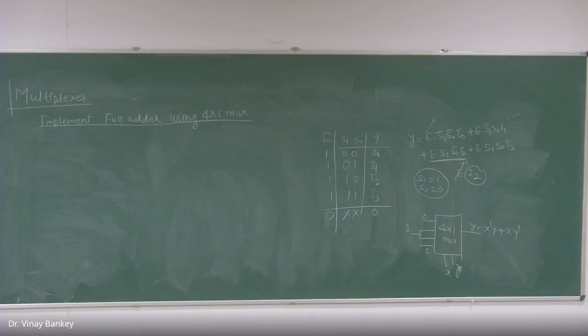As of now, some of you will face some difficulty, because first of all you need two multiplexers, because you need to generate sum and carry, and for one multiplexer IC you have only one output.